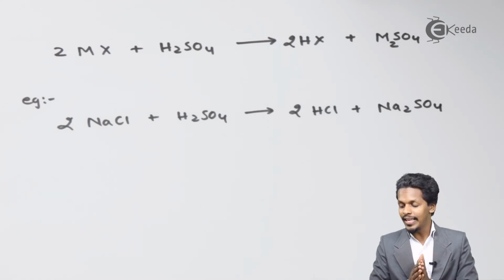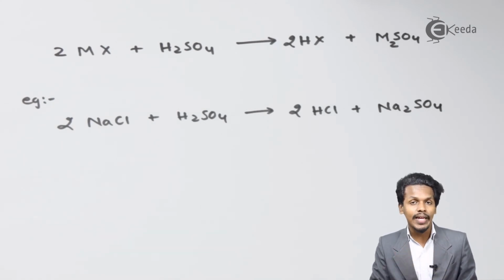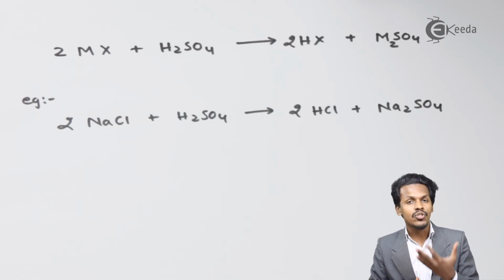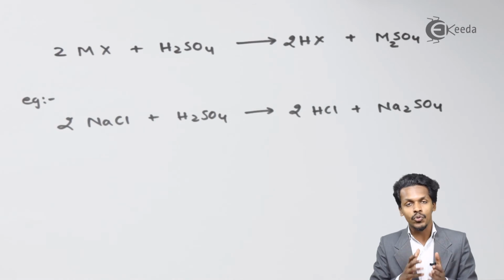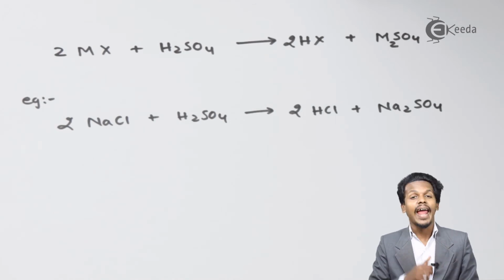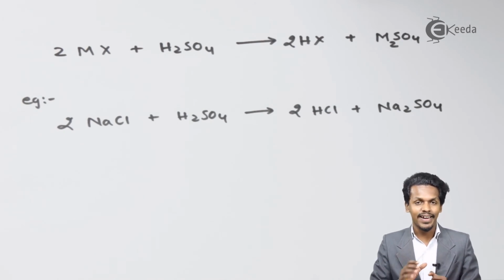So not only is H2SO4 very helpful in preparing volatile acids, it also has a very strong affinity towards water, which shows that it is very much acidic in nature. Also, H2SO4 acts as a dehydrating agent, and it is a very good oxidizing agent. These are the properties which show that H2SO4 is very much acidic in nature.